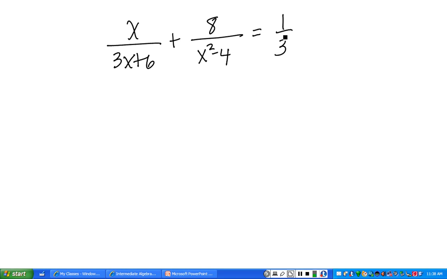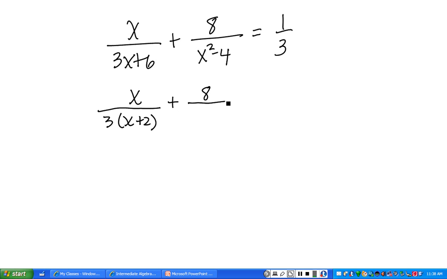The first step before you find the LCD is to factor, because we need to figure out what are the common factors that will form the LCD. So let's factor 3x plus 6. That is factorable, believe it or not, because 3 is the GCF. So you take that out, you get 3 times x plus 2.